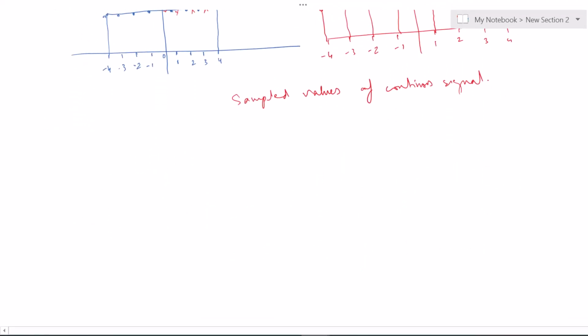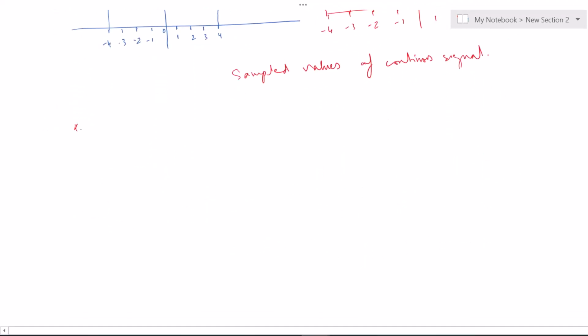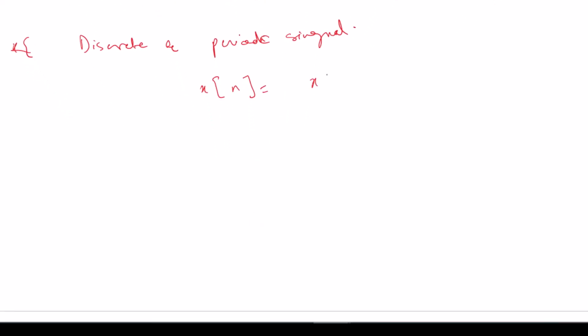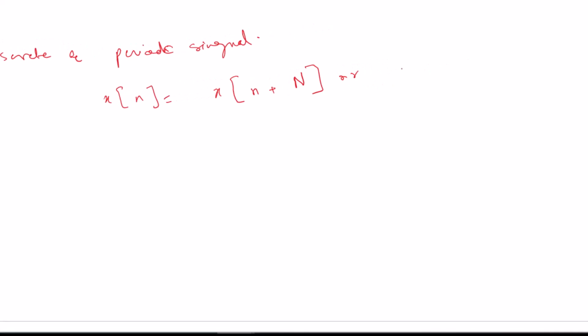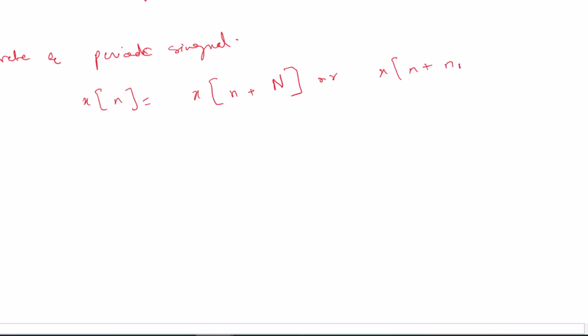Now let's try to understand a discrete periodic signal. Again, if x(n) is equal to x(n) plus capital N, or x(n) plus n naught capital N, if x(n) is equal to this, then the signal is a discrete and periodic signal.